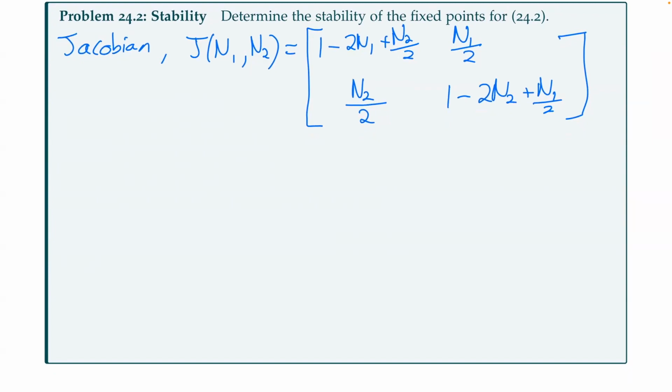Okay, so I've got my 4 fixed points and I've got my Jacobian. Now I just need to substitute those fixed points one by one into my Jacobian and either read off my eigenvalues or look at the trace and determinant, and then figure out what the stability is.